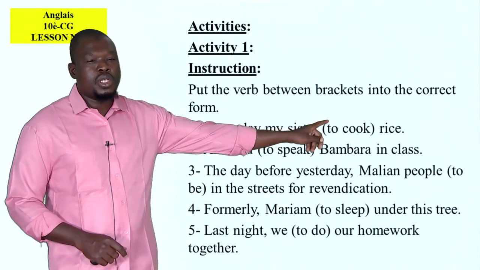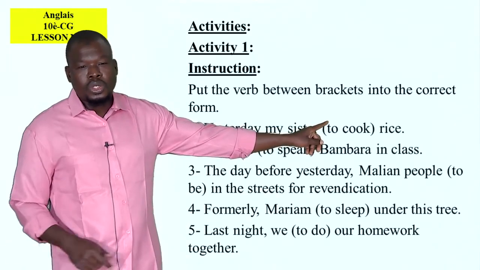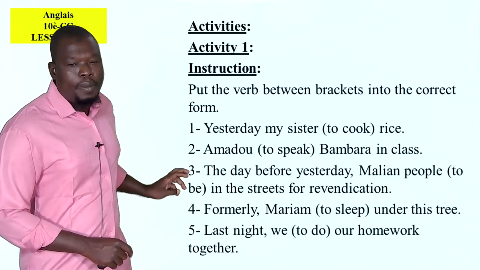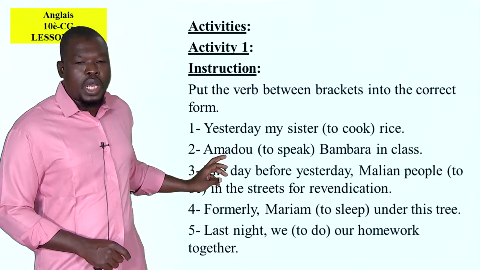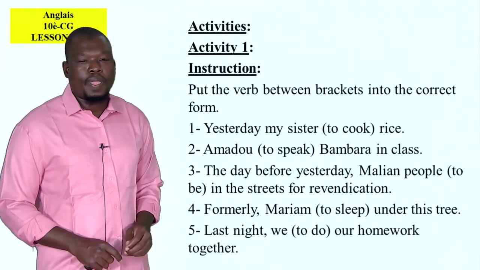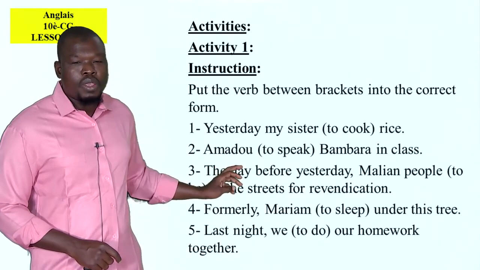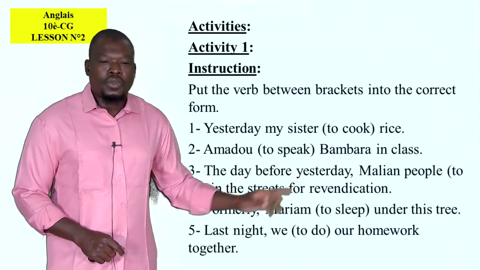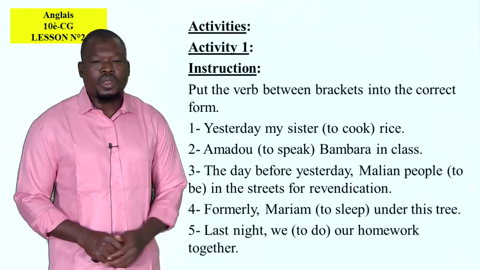So the verb is to cook. You have to put it in the correct form here. The second, Amadou to speak Bambara in class. The verb here is to speak.